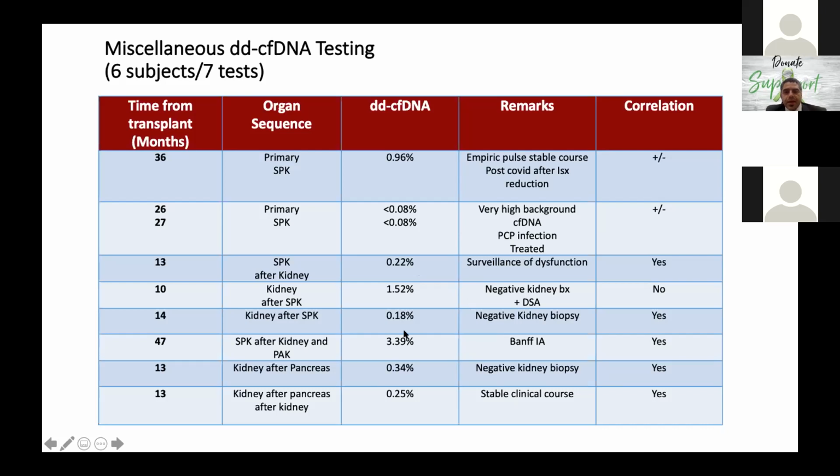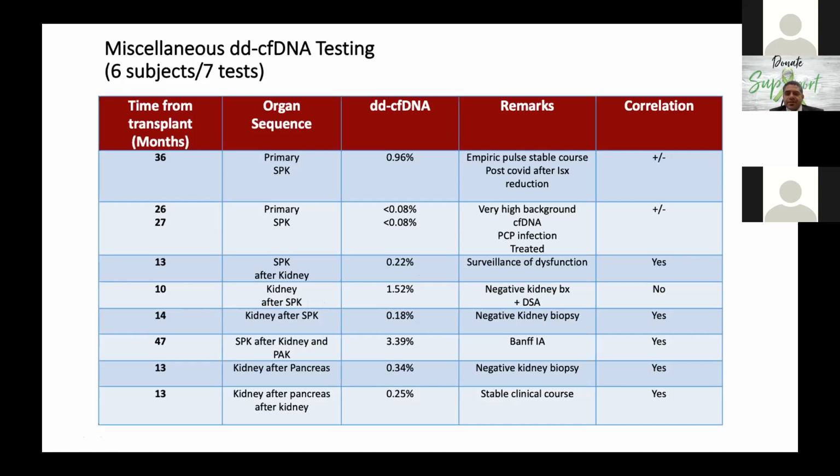Here is a person 10 months out with a kidney transplant after a failed kidney as part of a simultaneous kidney and pancreas transplant. The test results came back positive. We biopsied that person, and the biopsy did not show rejection. However, that person had background DSA, or baseline DSA, that was preformed before the transplant.